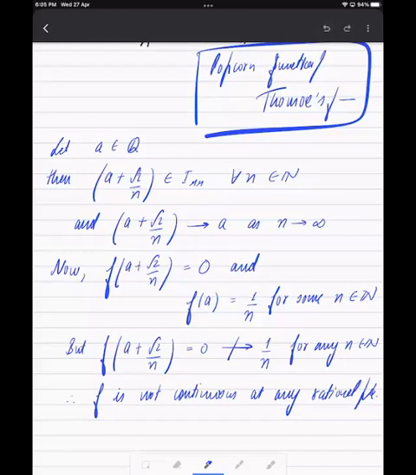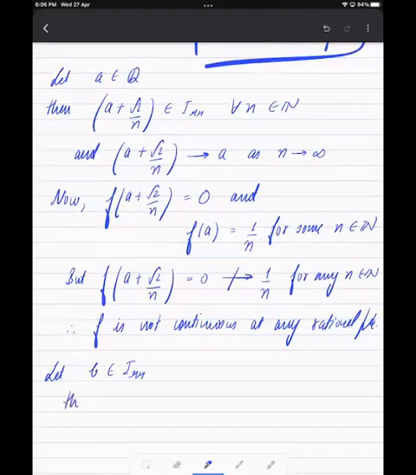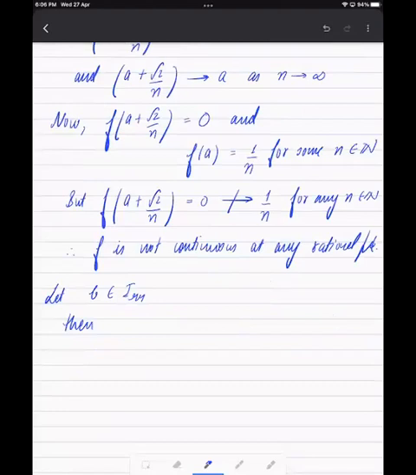For now, you don't know what the answer would be for the irrationals. You will start the same way, with B belonging to the irrationals. Then you'll write a function. What would be the function? 10 to the power n minus 1 times B upon 10 to the power n minus 1.